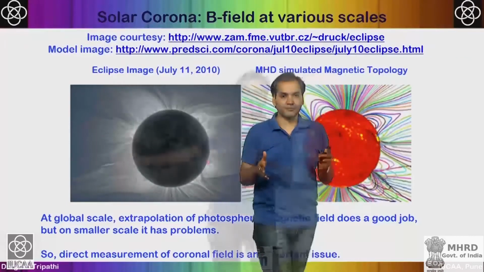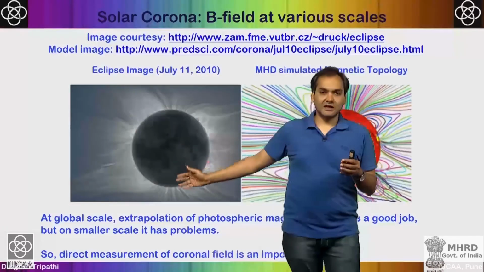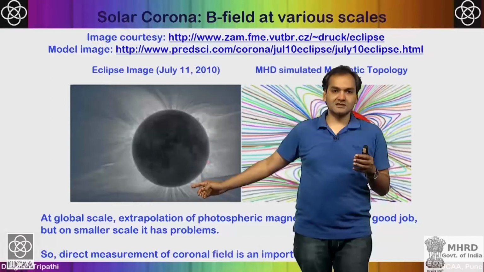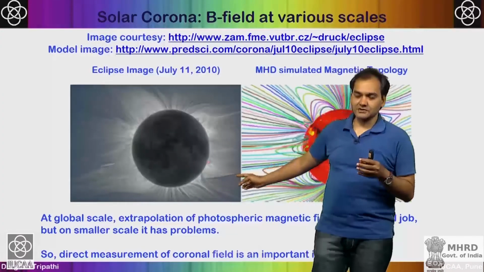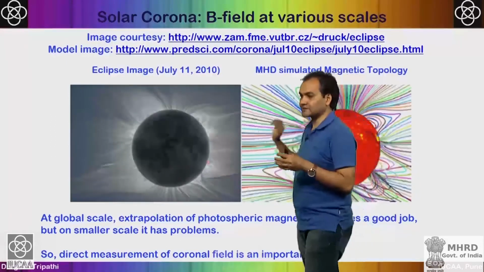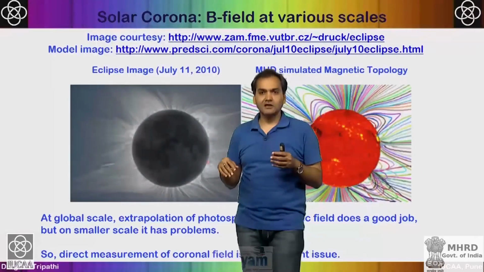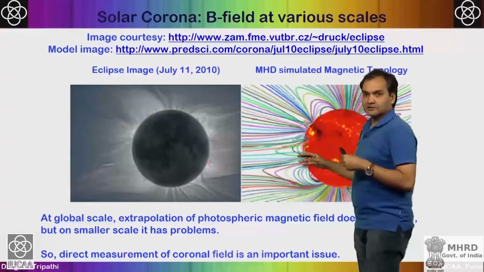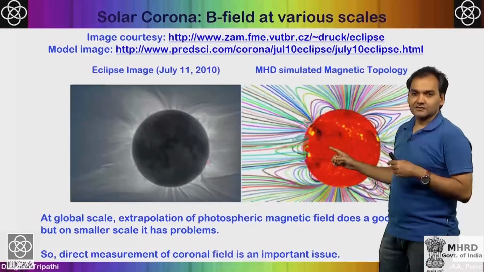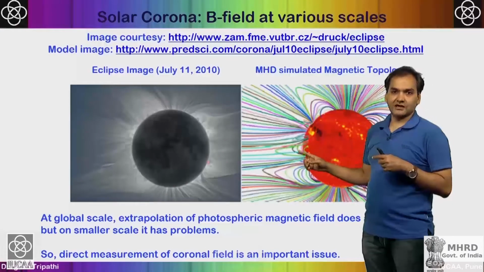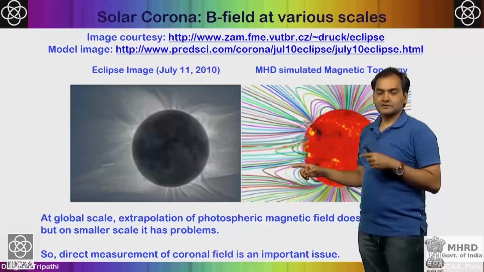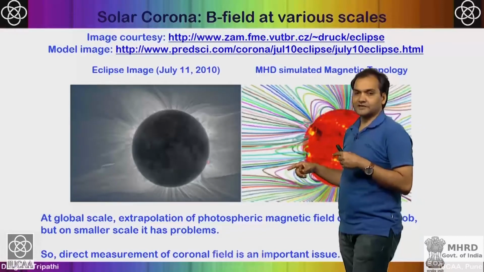Here, for example, is an image of an eclipse, and as I mentioned, these structures are present because the photospheric photons are coming and scattering off the free electrons in the corona. The same is done here by taking the photospheric field and doing an MHD simulation, obtaining the magnetic field configuration.